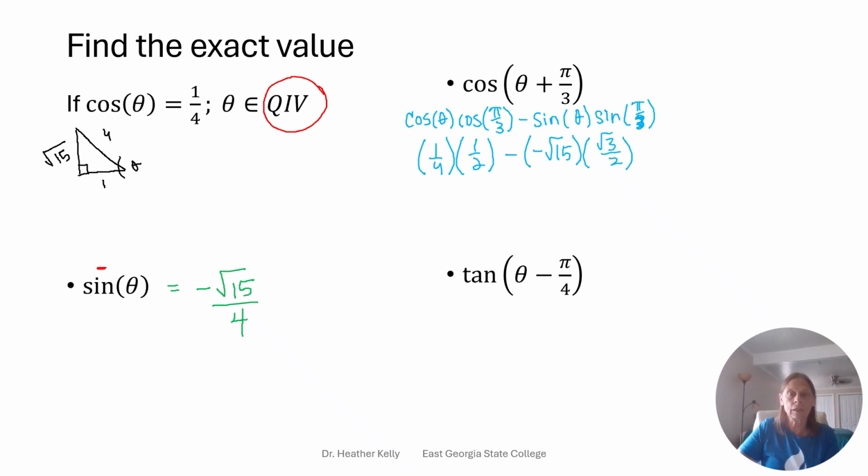Now let's clean this up and see what we've got. We've got 1 over 8 plus 15 times 3 is 45, so the square root of 45 over 2.